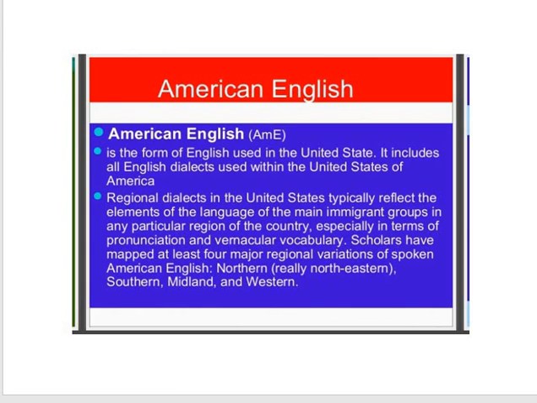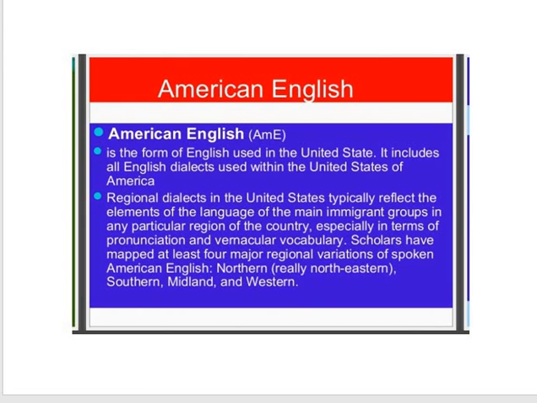What is American English? American English is the form of English used in the United States. It includes all English dialects used within the United States of America. Regional dialects in the United States typically reflect elements of the language of the main immigrant group in any particular region of the country, especially in terms of pronunciation and vernacular vocabulary.